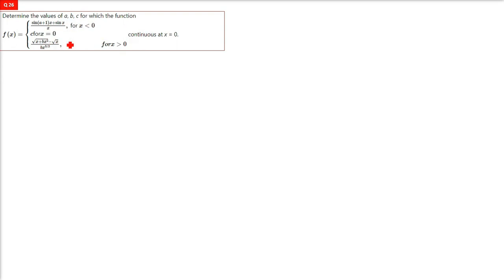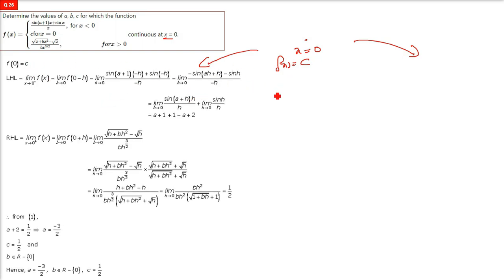Now in this question ABC, we have to find out what happens at the point x equals 0. At x equals 0, the value of the function is c, which is some constant. When you go to the left hand side and right hand side, let me write it here. You see there is certain algebraic computation we have to do.